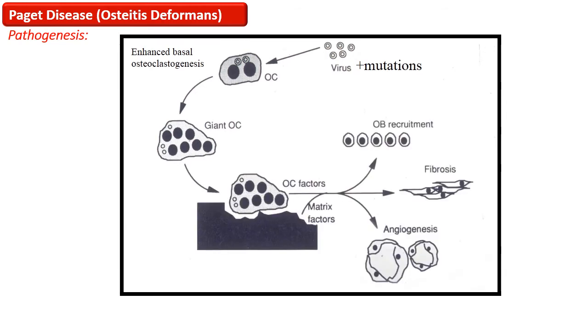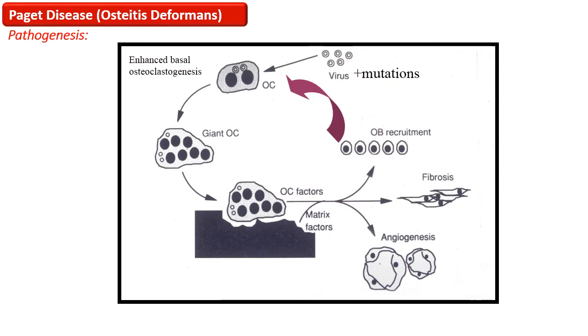This giant osteoclast then releases various osteoclastic factors. There are some osteoblastic recruitment factors and some matrix factors. The osteoblastic recruitment factors recruit more osteoblasts to this milieu, while the matrix factors are responsible for angiogenesis and fibrosis.